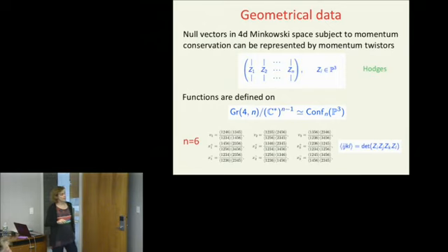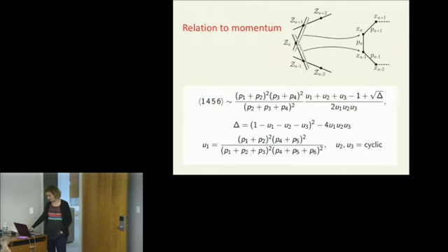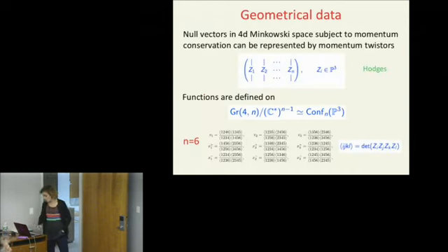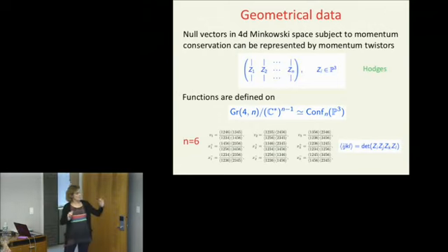There's a map, and maybe George, if you want, can write that map explicitly in terms of momenta, P1, P2, P6, so you form these U's, and to each point in momentum space you identify a line. But the thing to remember is that we have this amplitude and we have n vectors in P3. Okay, so these functions are defined on configurations of n points in P3.